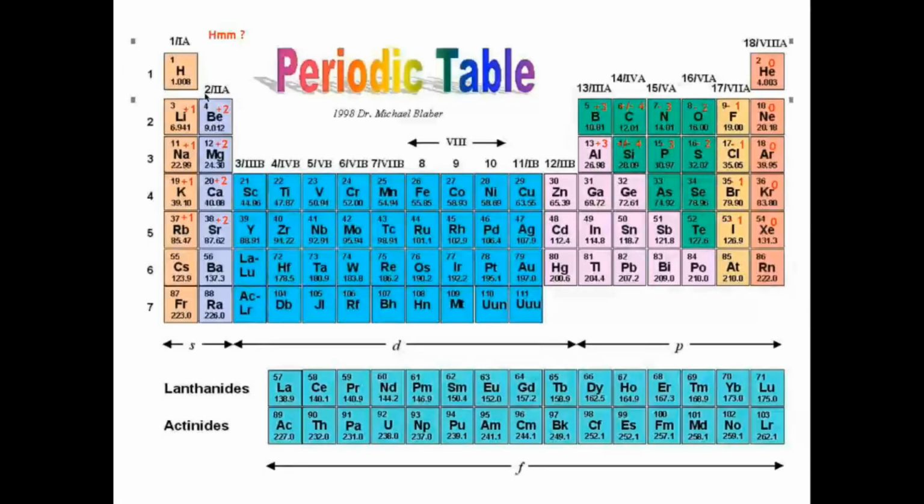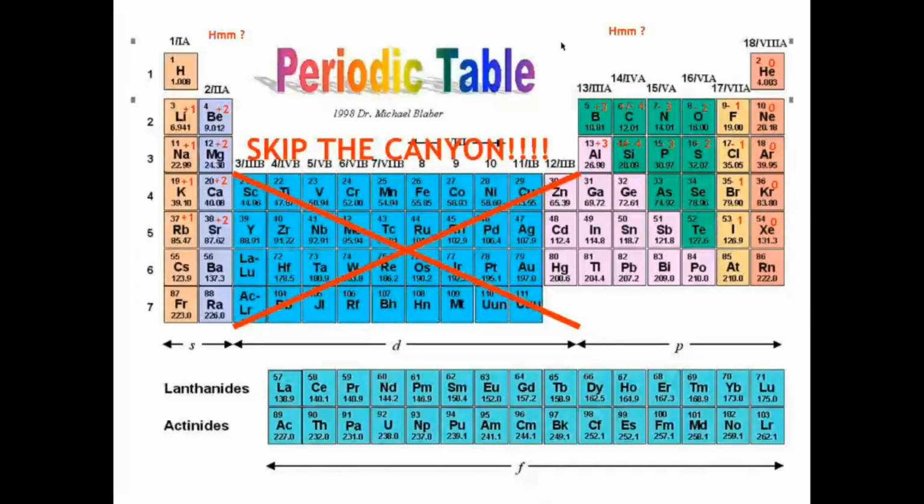So we got a really interesting pattern here if we consider now the groups they are in. Just to make it really, really easy for right now, this pattern works well as long as we skip the canyon. All the elements in the canyon down there, they're a little funky. They don't follow this pattern necessarily.